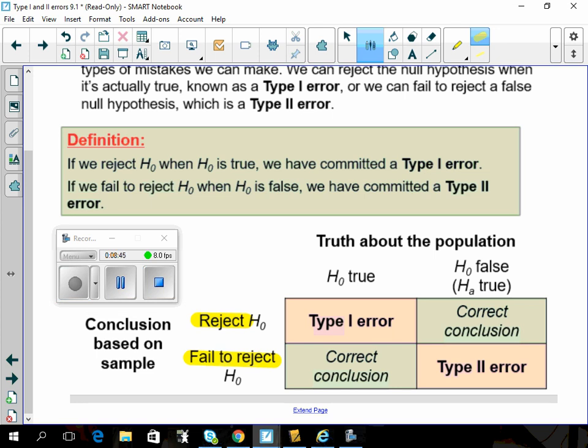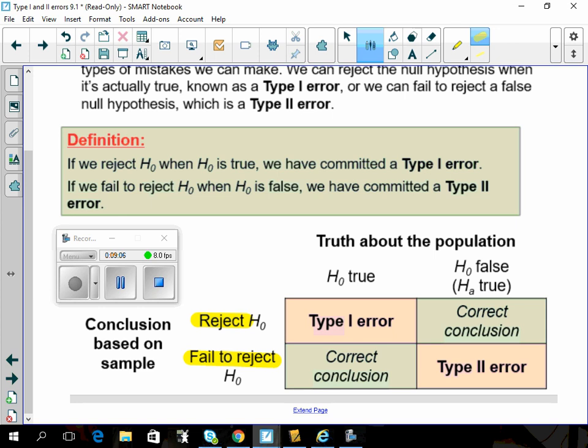We reject or fail to reject based on our p-value. Remember, we want a small p-value. We make a decision based on that p-value, and we can make an error in either case. We'll talk about those in context in a couple minutes. We can also make correct conclusions.